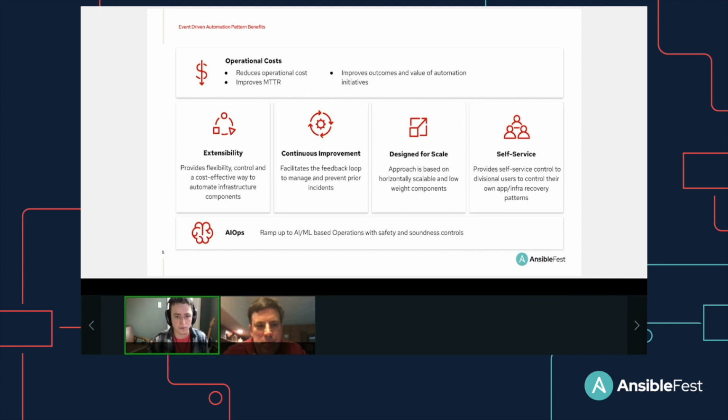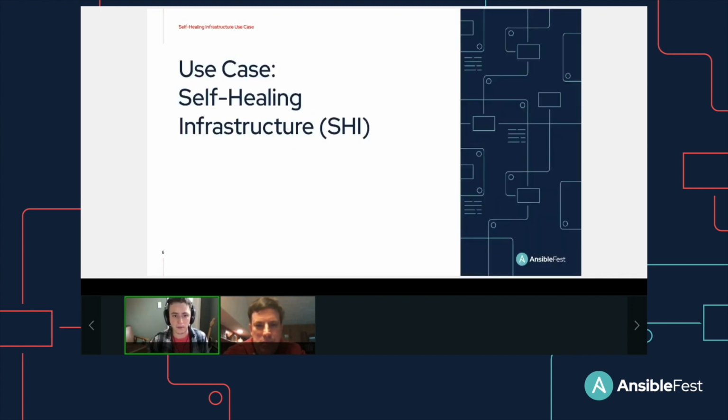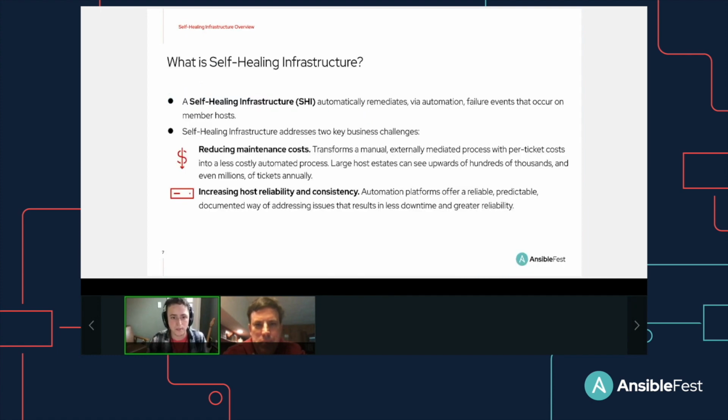The self-healing use case is going to be focused more around the rules creation and all of that experience, and then AI ops is more based around using AI/ML to operate that system even more efficiently. I'll go into what that means a little bit later, but for now, let's talk about the self-healing infrastructure use case, and I'll let Mike describe in more detail what that is.